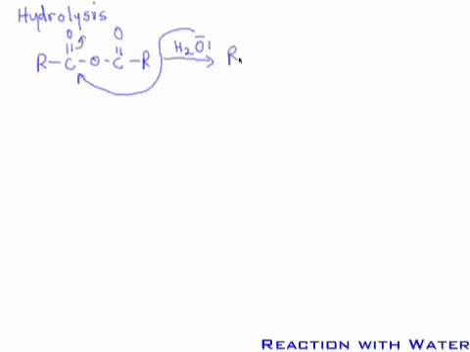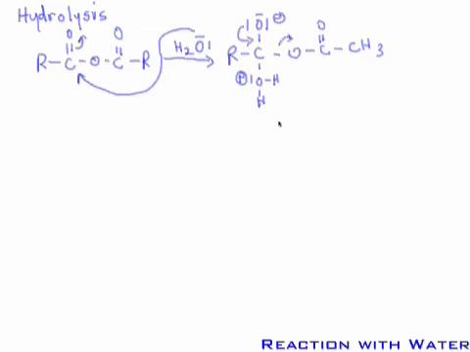We get R, C, O minus, O, H, H plus, O, C double bond O, CH3. What happens now?